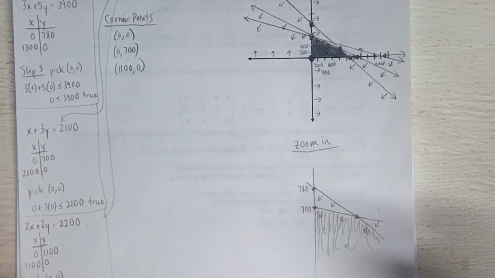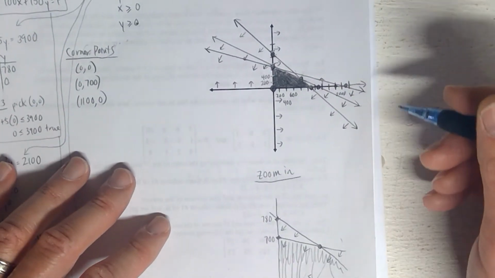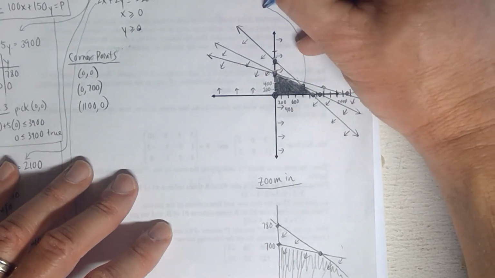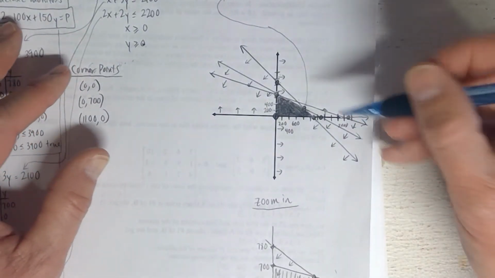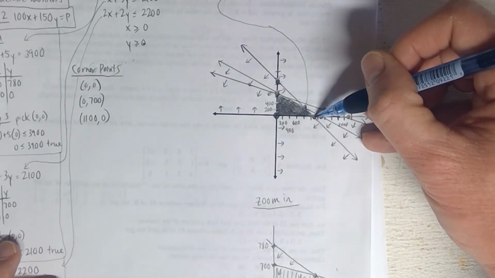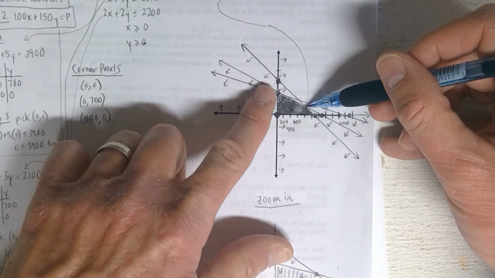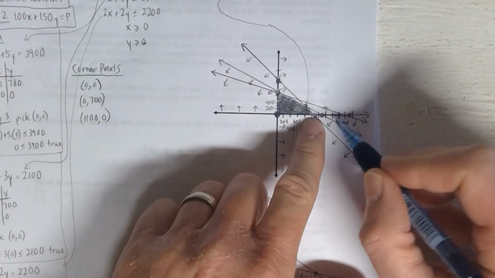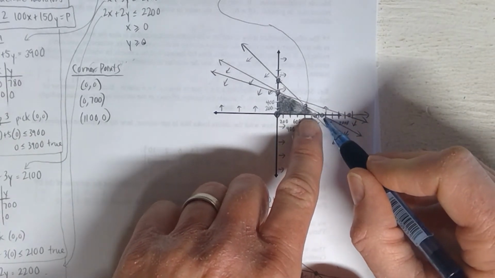Okay. Now we need to do that more difficult chore of figuring out what these other 2 points are. This point right here, how do we figure that out? What 2 equations, what 2 lines intersect at that point right there? You can tell that it's the point where x is 1100 and the point where x is 1300.